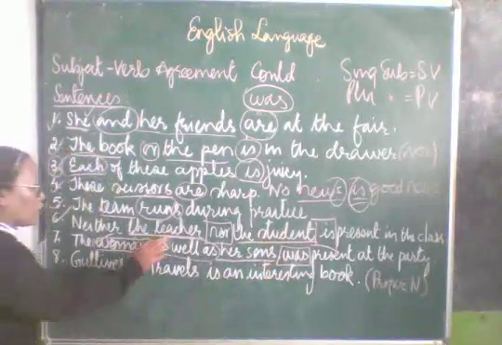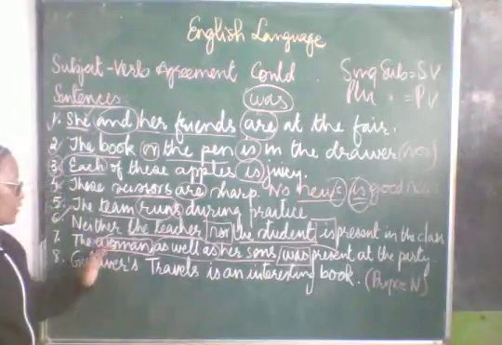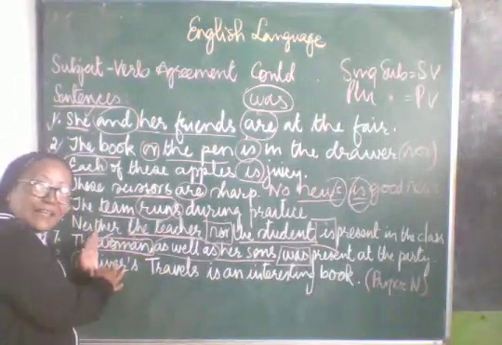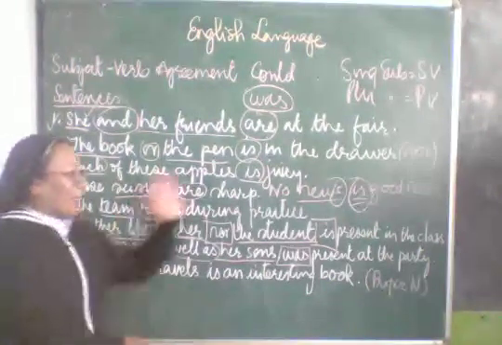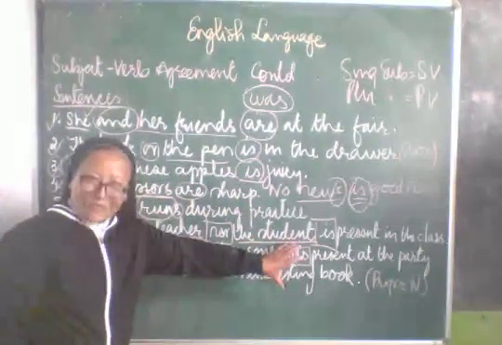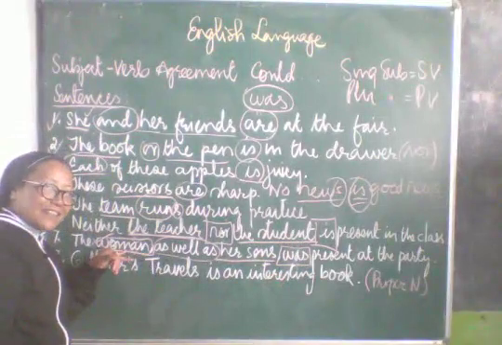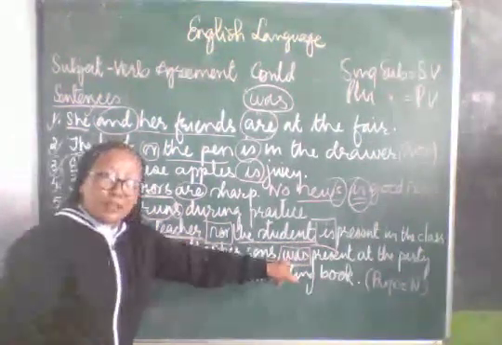If I had used the sons first, that means my first subject would have been plural, and I would take a plural subject, plural verb. But here it is a singular subject. That's why I am taking a singular verb.